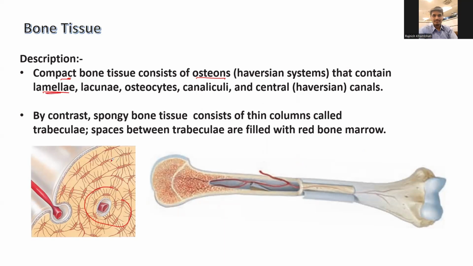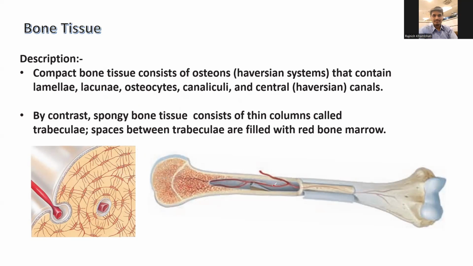These circles are lamellae. Then lacunae. The lacunae is this pit-like structure inside which osteocyte is present. So this is osteocyte, and this is canaliculi. And this portion is the central Haversian canal, and the osteocyte is inside the lacunae, and that's it.